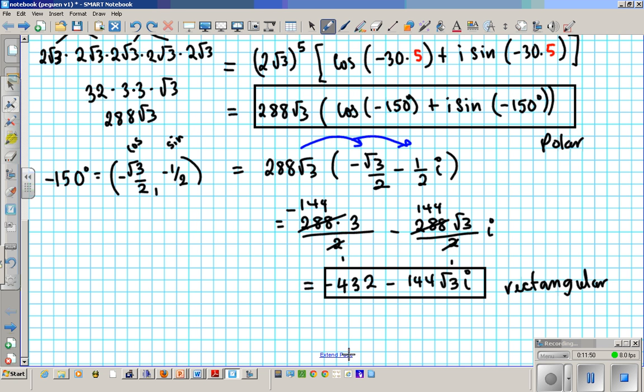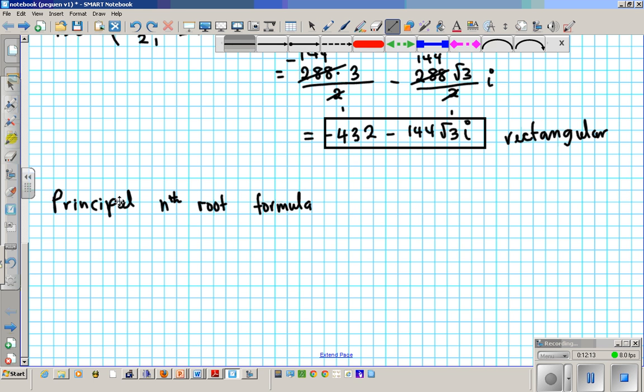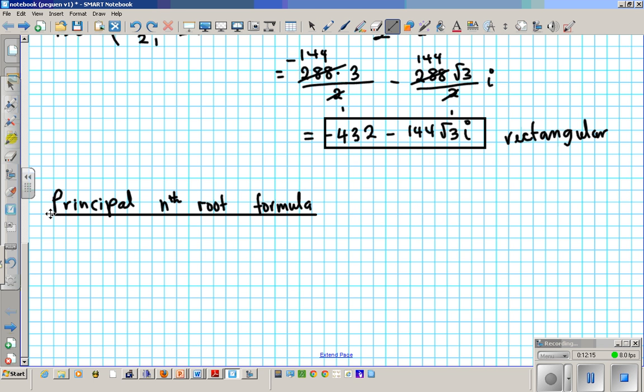All right, so let's write down the formula first. Principal nth root formula. It's an extension of De Moivre's theorem, so very similar, only that we'll be taking roots in this case as opposed to powers. So the formula is as follows.